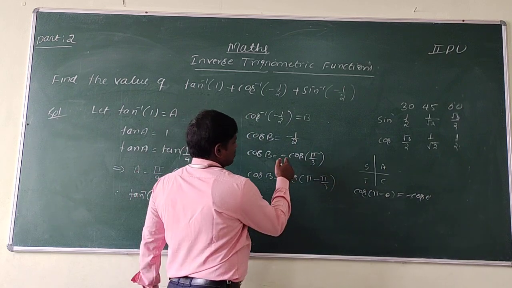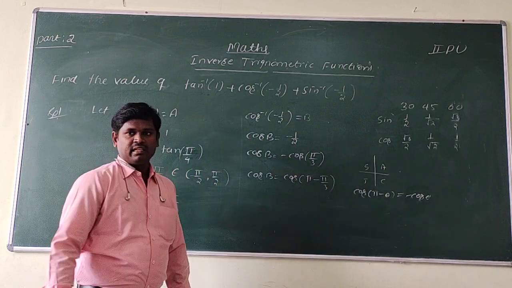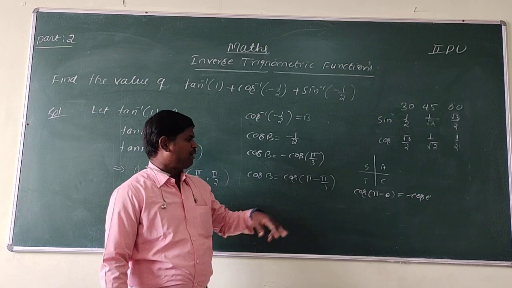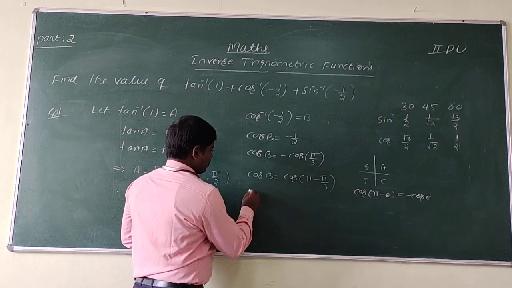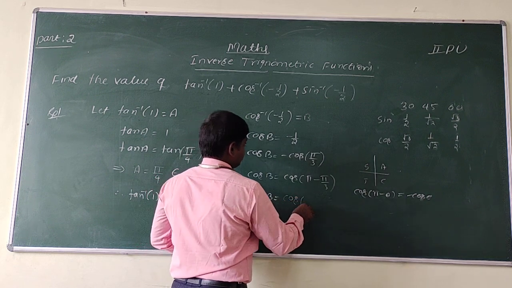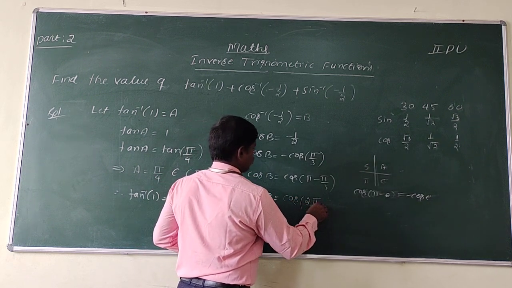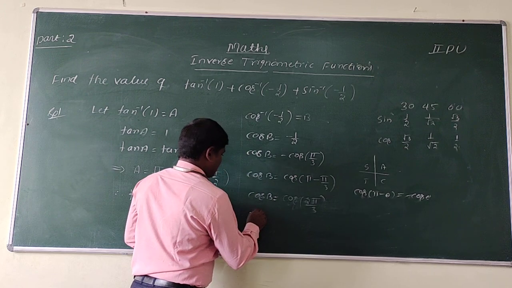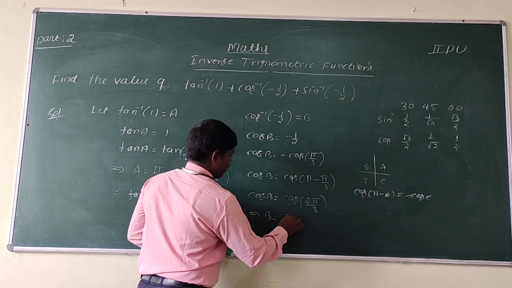So minus cos pi by 3 is equal to cos of pi minus pi by 3. That is cos B is equal to cos of 2 pi by 3. So this implies B is equal to 2 pi by 3.